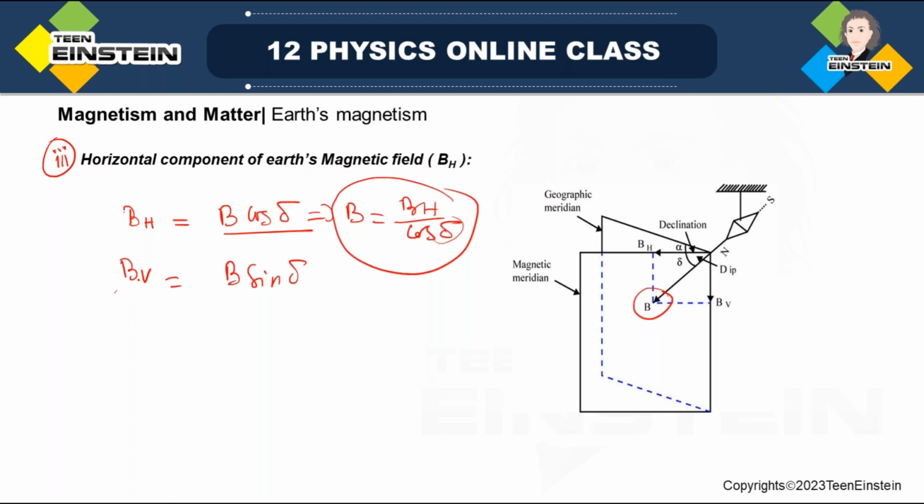Now BV is this, so I can take the ratio BV by BH, which is tan delta. So delta will be tan inverse of BV by BH.